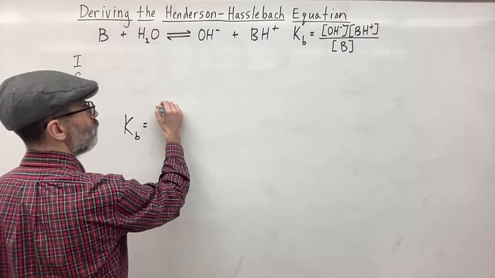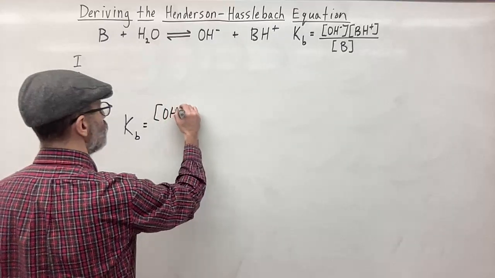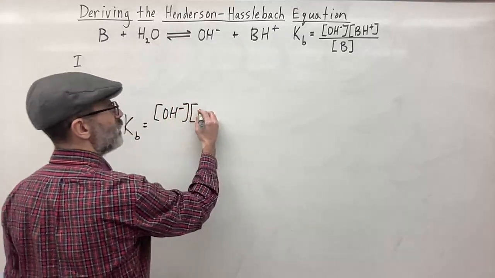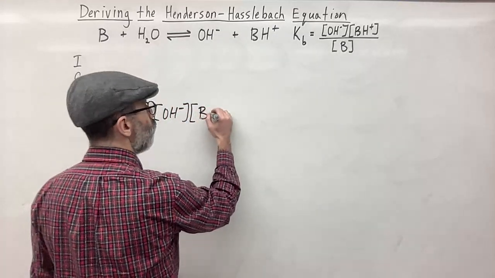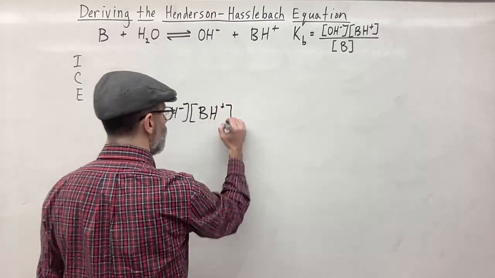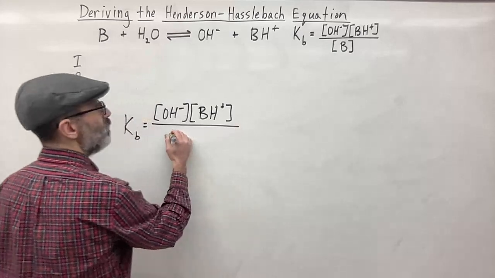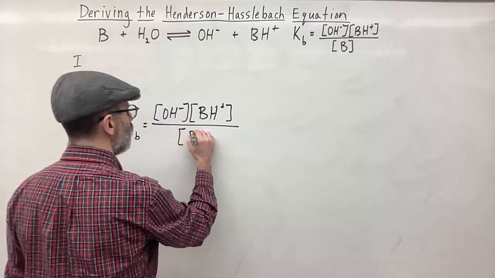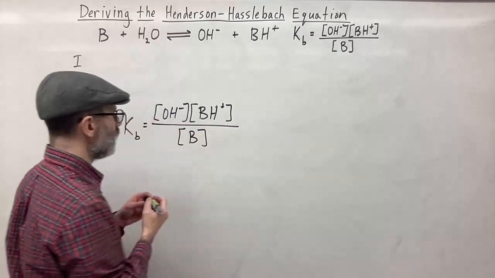Kb is going to be equal to the OH minus concentration multiplied by the BH plus concentration over the concentration of B, the base.